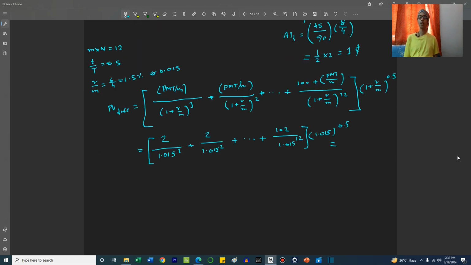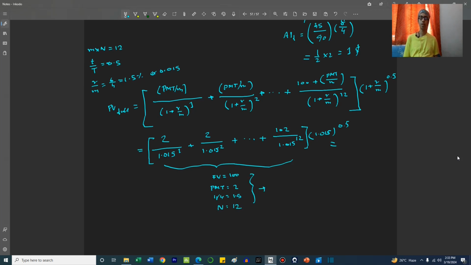This entire value, we can calculate it with our financial calculator in this way. Future value is 100, periodic payment is 2, required return is 1.5, number of periods is 12.